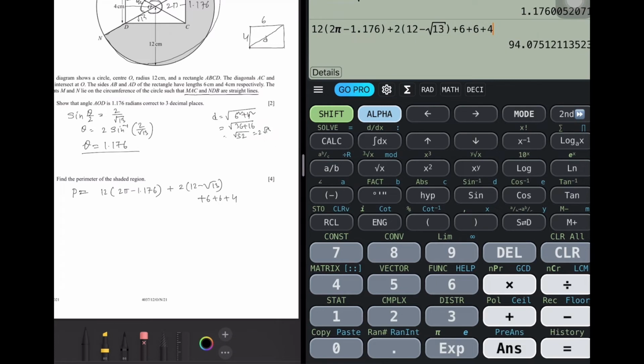Now see the result. It is becoming 94.1. Okay, so the answer is 94.1 centimeter.